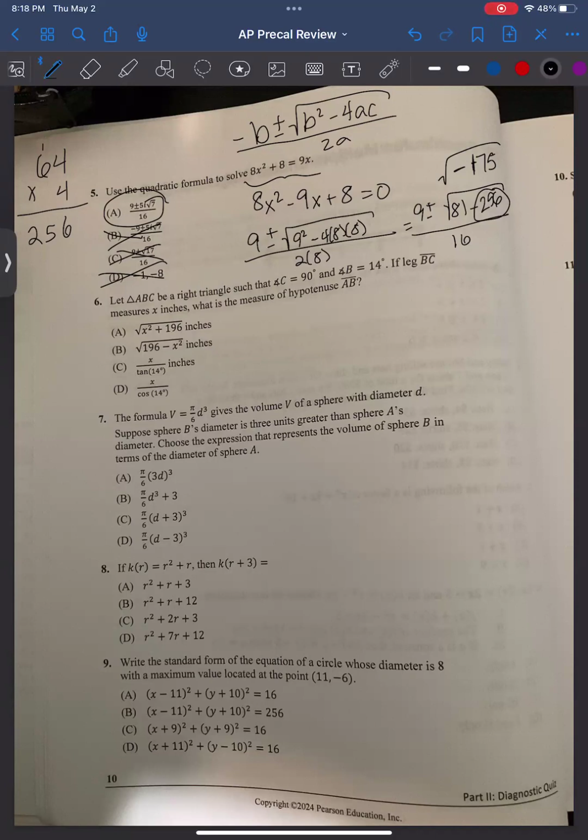Now, number 6. Look, maybe hopefully we can do number 6. Let A, B, and C be a triangle. I said we will do 6. Well, we'll see. This number 6 is scary. It has to do with triangles.